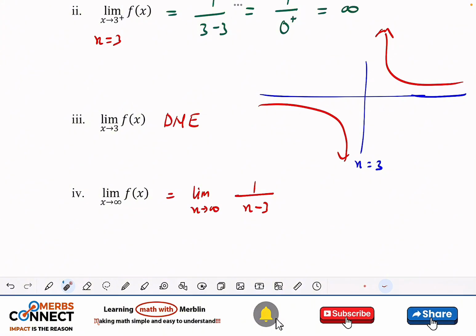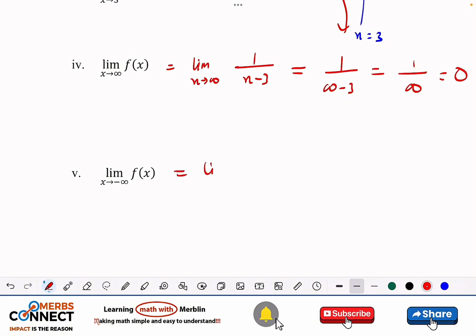The degree of the top is 0. What is the degree of the bottom? 1. So the degree of the top is less than the degree of the bottom, so this should move to 0. Or for you to see it this way, you can just plug in infinity, and you have 1 divided by infinity minus 3, which is 1 divided by a big number, and a big number minus 3 is still a big number, and this is going to give us 0.